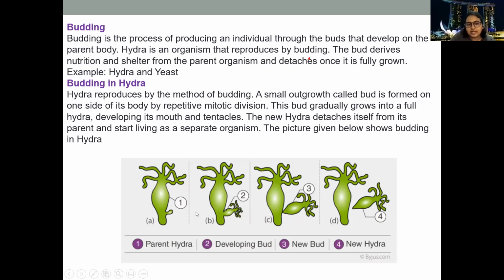Understand what I told: one part of the body becomes an outgrowth, and slowly this outgrowth grows, and when it becomes fully mature, it just sheds off from the parent body.